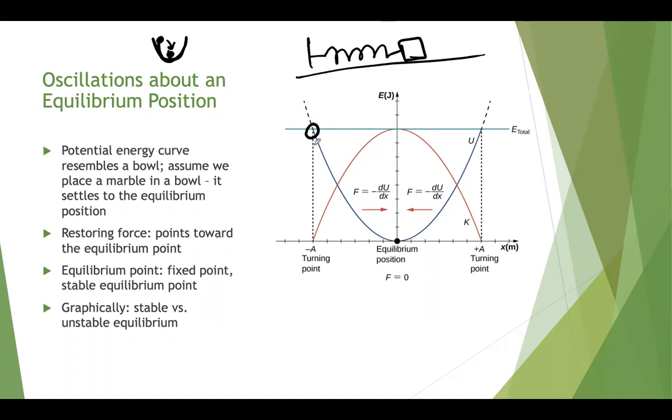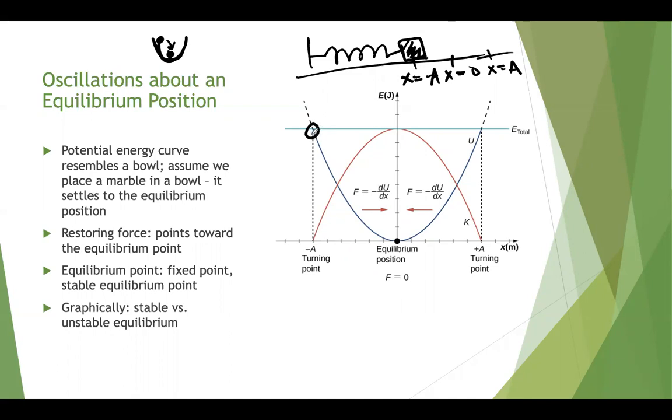So this would be compressed, right? If it is at negative A, this was x equals 0. This would be x equals negative A, okay? And then x equals positive A, okay?